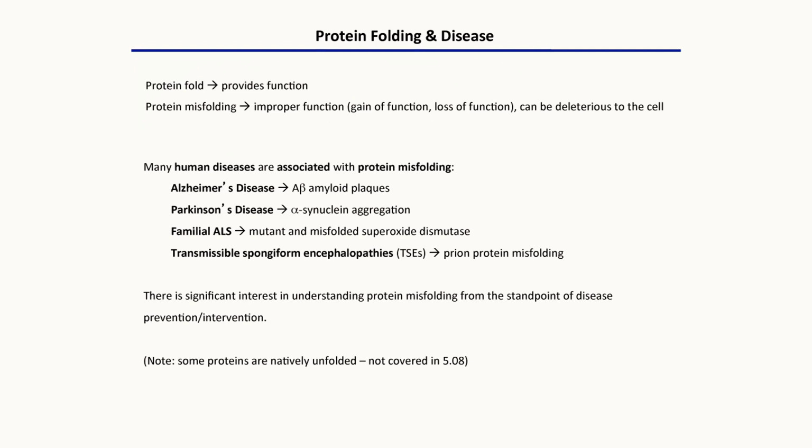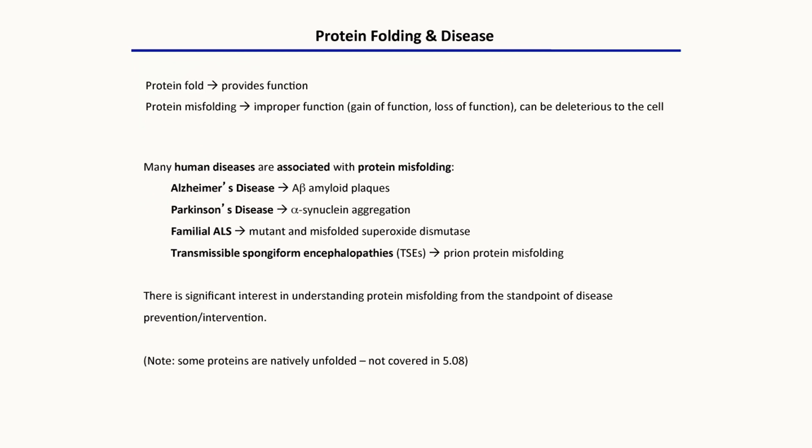If we take a look at human diseases that are associated with protein misfolding, what do we see? There's examples like Alzheimer's, Parkinson's, familial ALS, and mad cow. Alzheimer's disease is associated with formation of A-beta plaques in the brain.